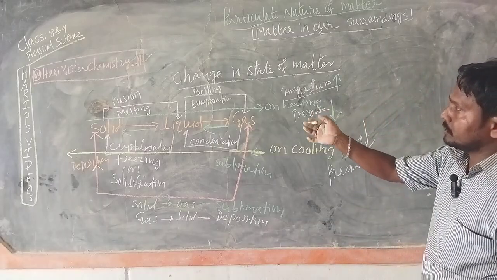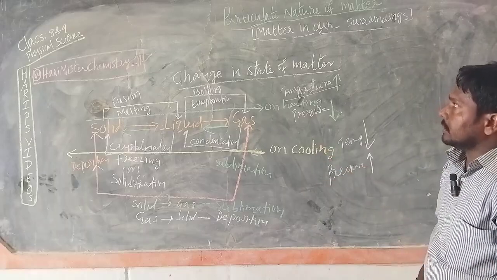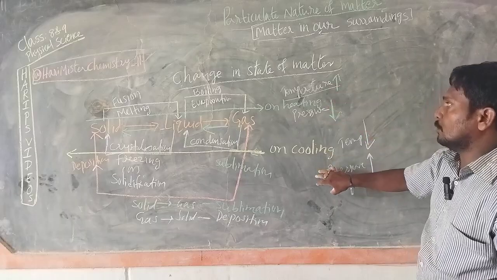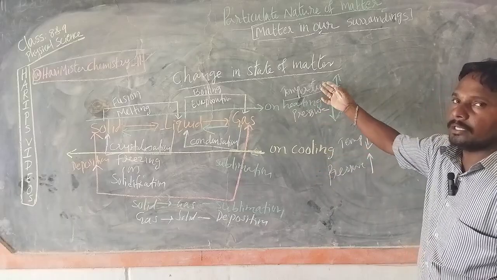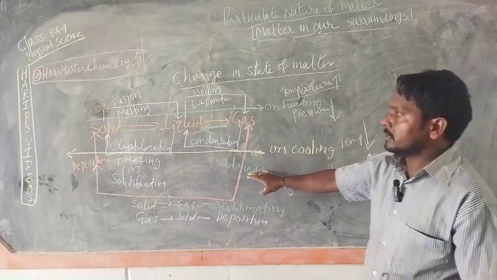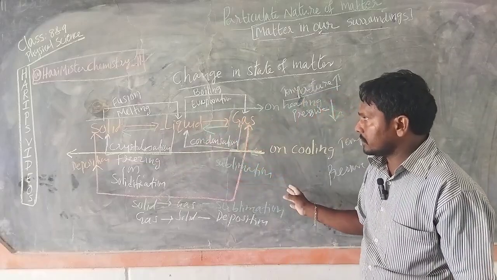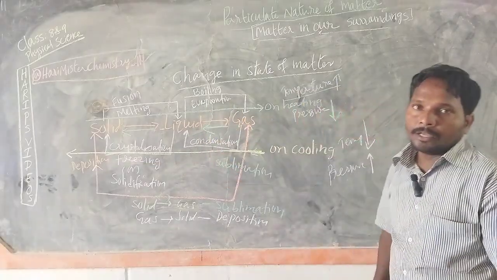Then we have to see these changes in the state of matter, on heating and on cooling. By changing the temperature and the pressure, we can change solid to liquid, liquid to gas, gas to liquid, liquid to solid.